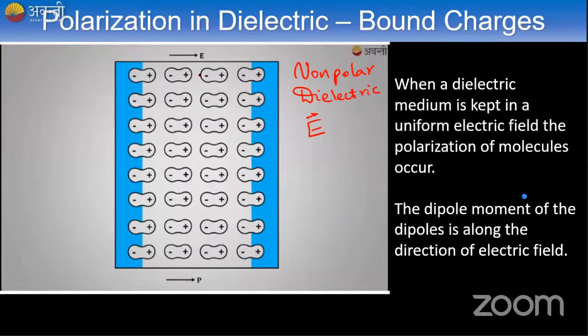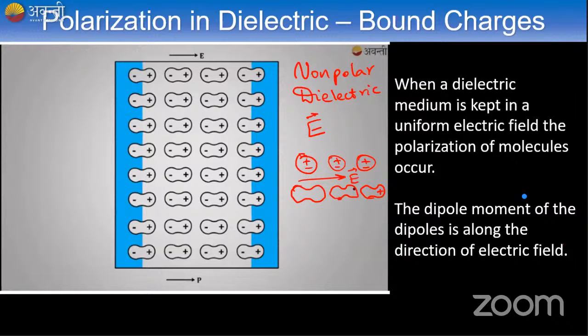All the atoms which were initially neutral like this, in the presence of uniform electric field, try to elongate. They get polarized and elongated, and a positive charge is pushed in the direction of the electric field.